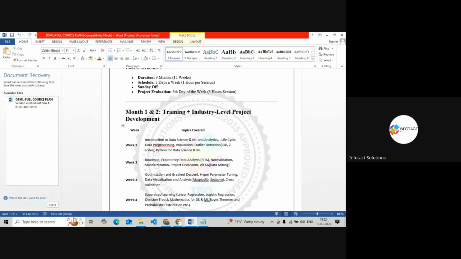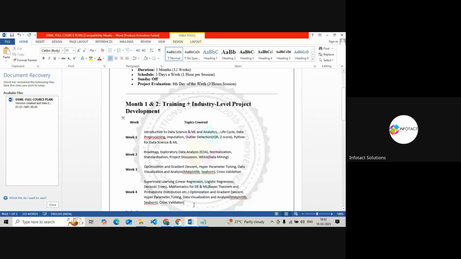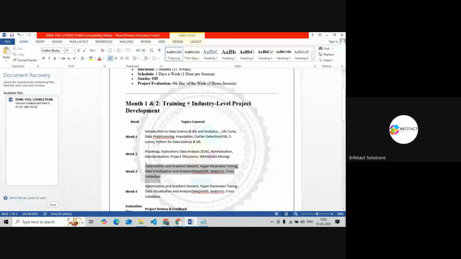Getting it, everyone? Am I audible? Yes, sir. This stuff comes forward later this month, your optimization and all, then supervised learning, because hyperparameter tuning is an advanced topic.